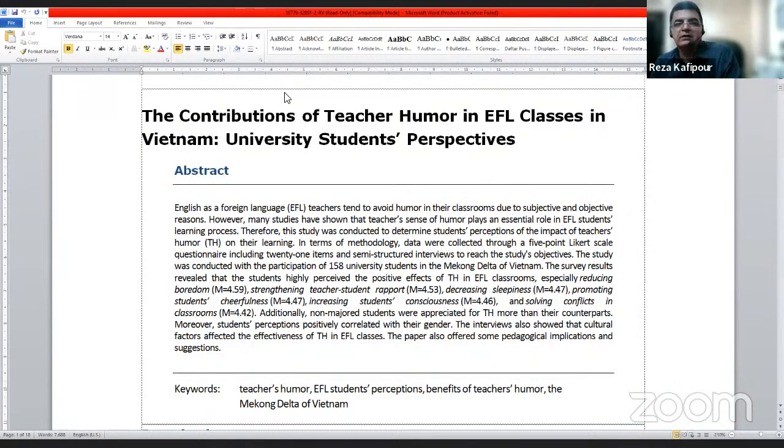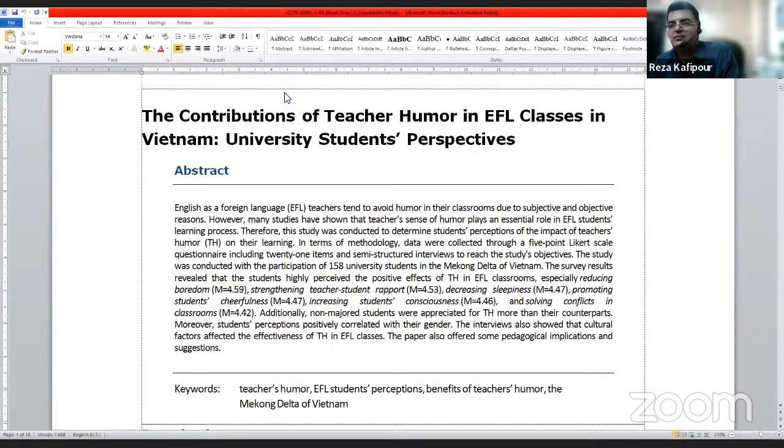We should consider the academic level, whether they are in bachelor, master, or PhD, undergraduate or, for example, postgraduate students. So it is a topic that we can investigate from many different aspects.